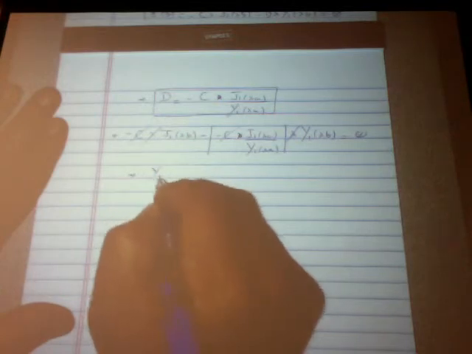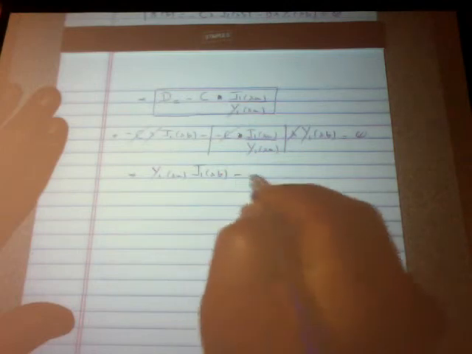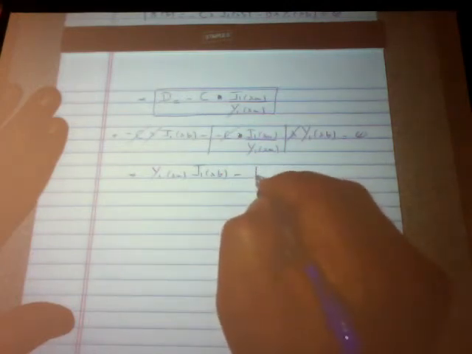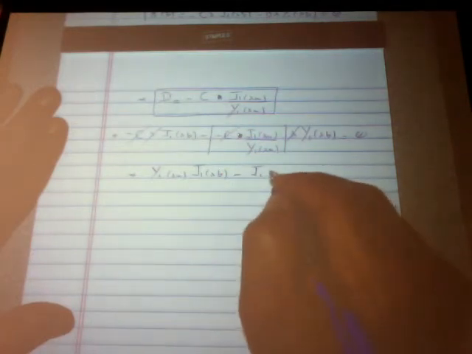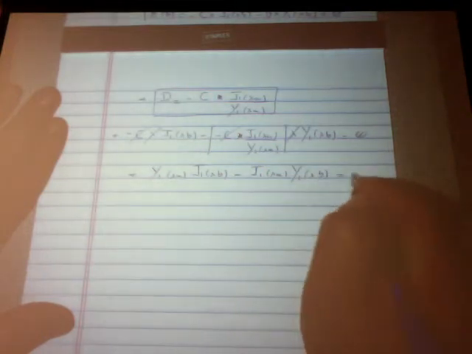Alright? So we can multiply through. We can take the C as a common factor and multiply 2 by Y1 lambda A, and the lambda will also be a common factor. So what we have is J1 Y1 lambda A times J1 lambda B minus J1 lambda A times Y1 lambda B is equal to 0.